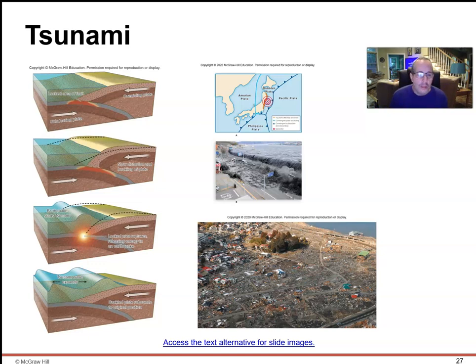When you're out in the open sea, you don't see this wave as much because there's waves everywhere. It's not as obvious, but waves keep their wave heights, and when they get to shallow water closer to land, all of a sudden that wave is really growing and really intimidating. And we've had a few instances of this in the last 20 years. You saw one there in Indonesia at the beginning of the presentation.